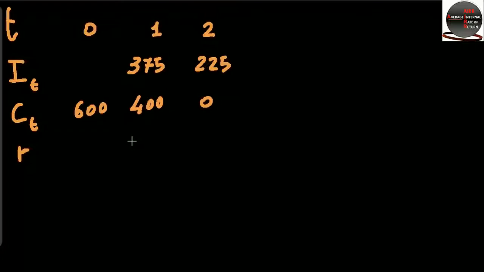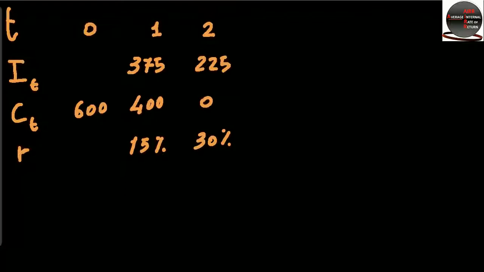And suppose that it is 15% in the first period and 30% in the second period, which means that the structure of market rates is 15% for investment starting at time 0 and ending at time 1, and 30% for investments starting at time 1 and ending at time 2. So how should we cope with this situation?